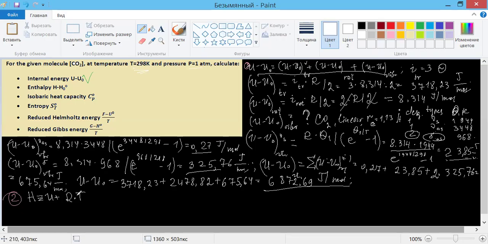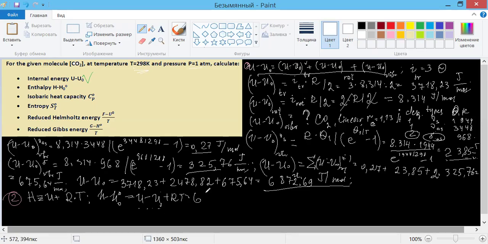We remember that from the course of thermodynamics, and we can apply this here. In other words, we can write that H minus H 0 is equal to U minus U 0 plus RT.